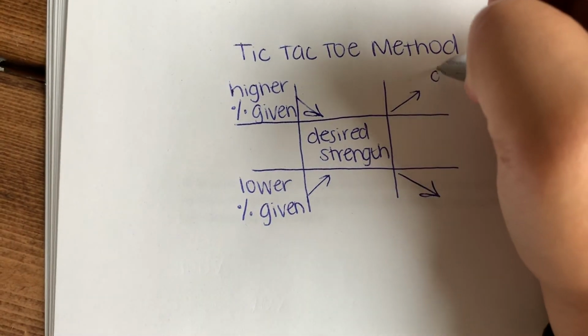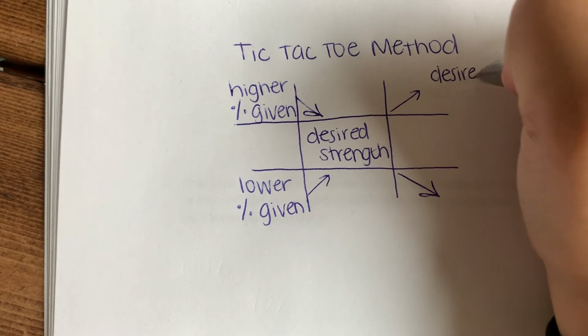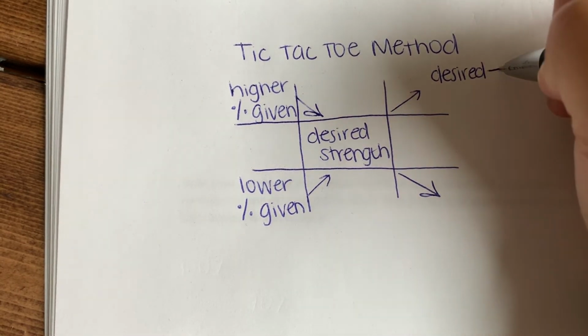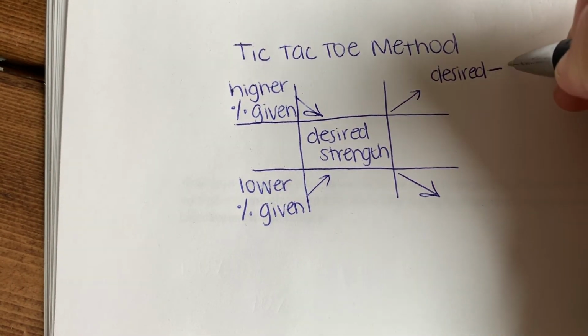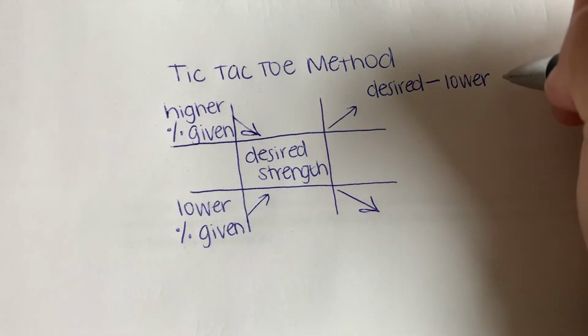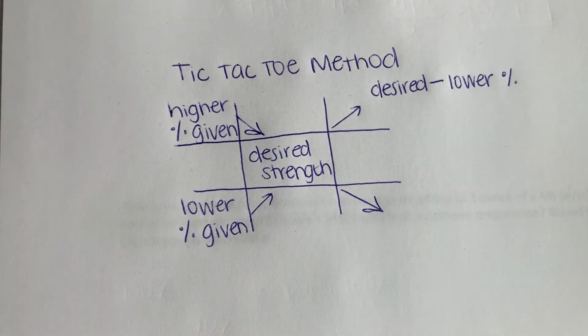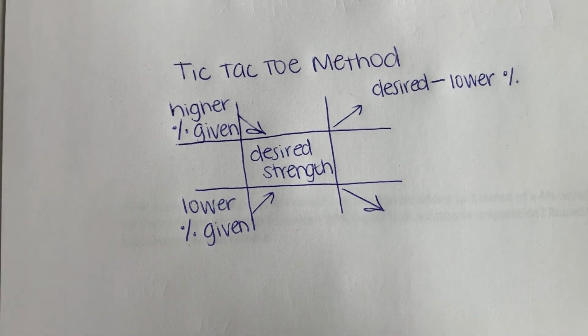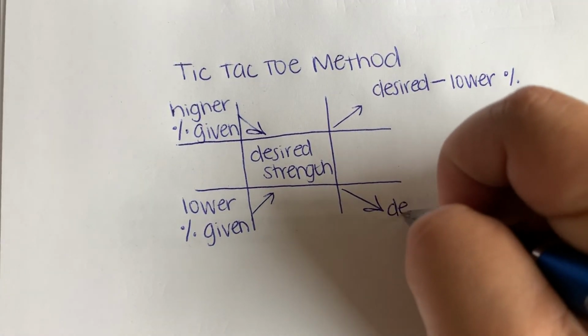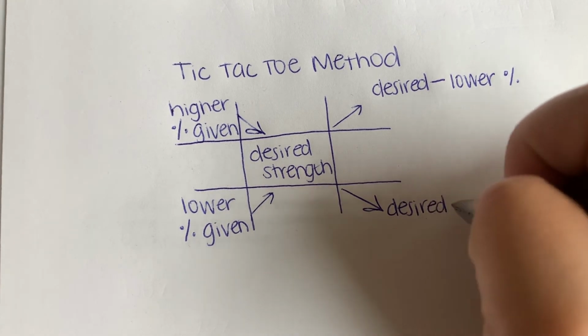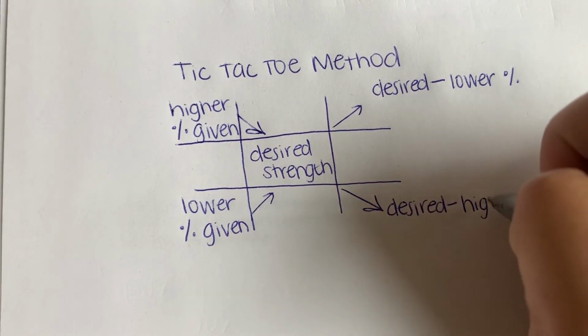So up here would be the desired strength minus the lower percent. And here would be the desired minus the higher percent.